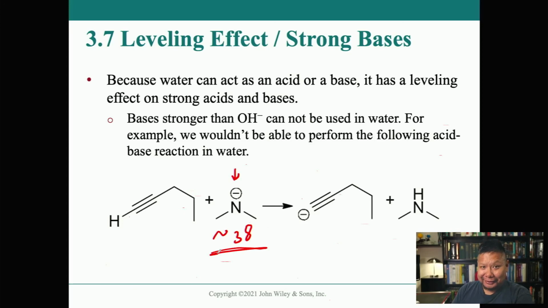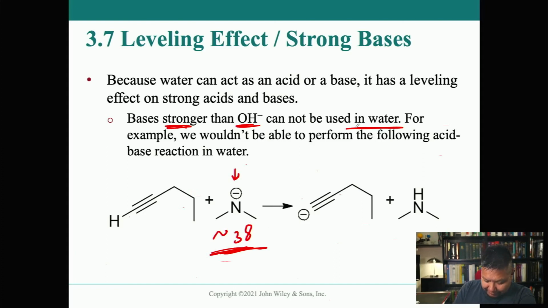So, obviously, in this case, since this base is stronger than hydroxide as a base, you can't use water as a solvent, right? Why?